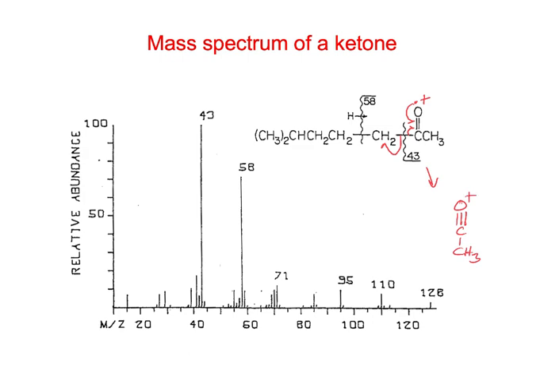Well, this could be in resonance. We could also draw it in resonance like this, where we have the plus charge here. So this is essentially an acylium ion. So we could do it there. That gives us 43 as our base peak.